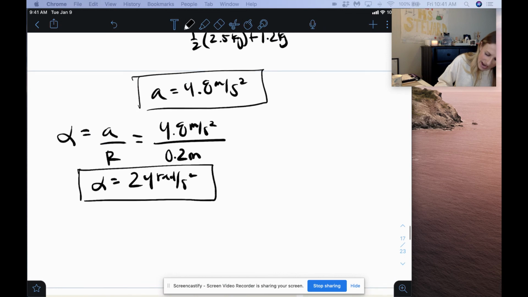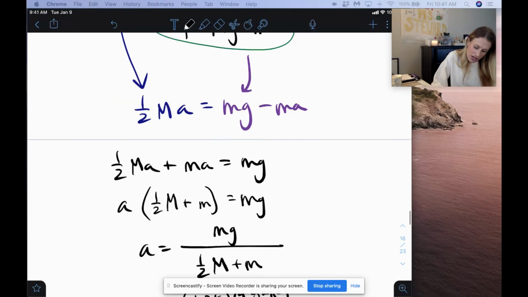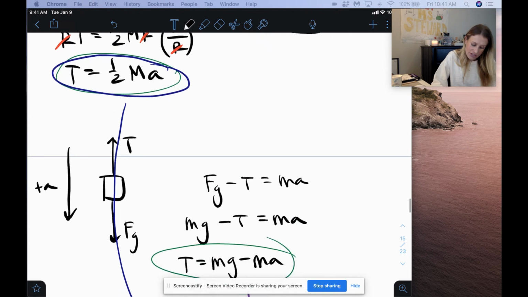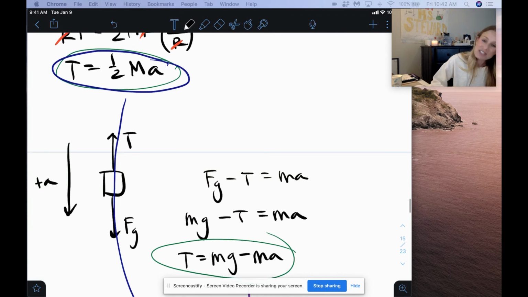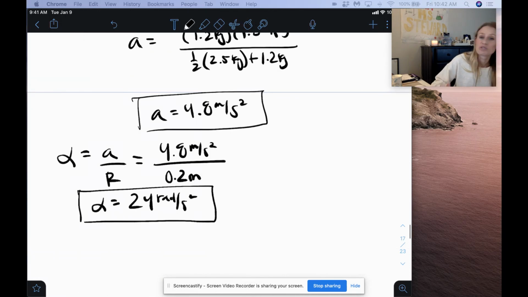All right, and then last but not least, we are going to solve for tension. You can use either one of these tension equations, so the 1/2 big M times linear acceleration or the little m times our acceleration of gravity minus little m times linear acceleration. I'm just going to use the 1/2 times big M, the mass of the pulley, times acceleration, just because it's shorter.